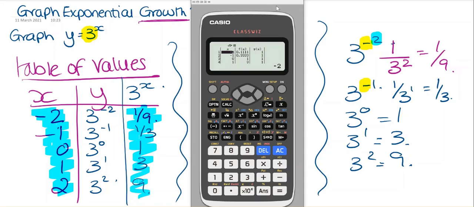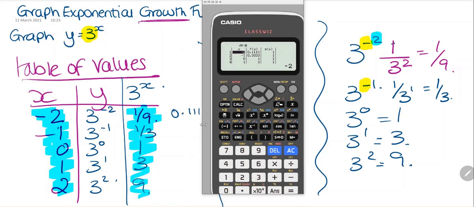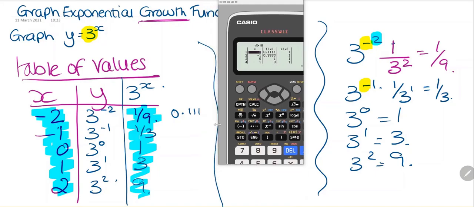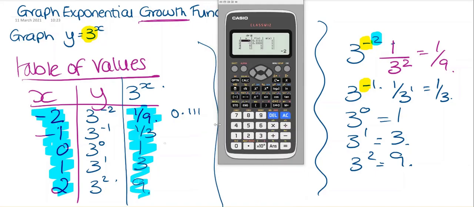Now, I've done this in fractions, but I could write this as decimals. So this here would be 0.111. Okay, let's just move my calculator. And then I'd have a third as 0.333. And then my other values are the same.